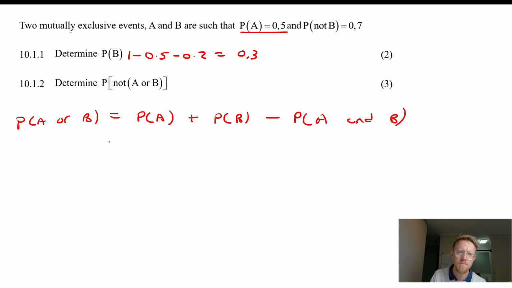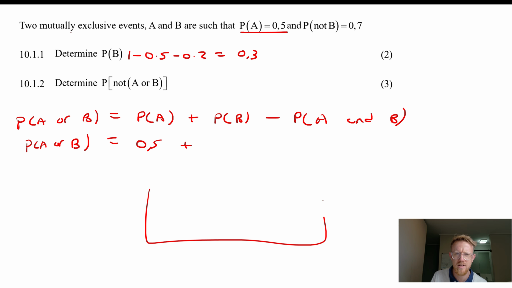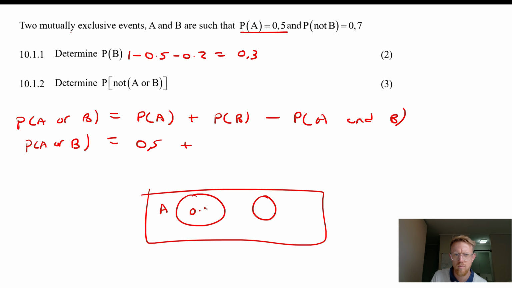Now first of all, if we just had to work this out, probability of A is 0.5, probability of B is... We got that, sorry, I don't know why I erased the Venn diagrams. We had A as 0.5, we had this as 0.2, and we had this as 0.3.